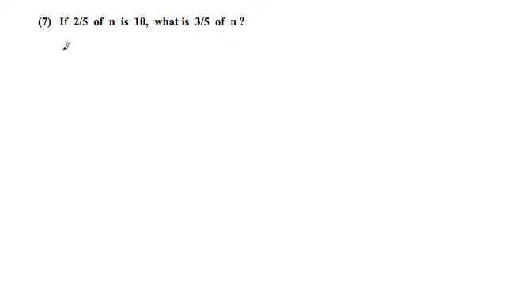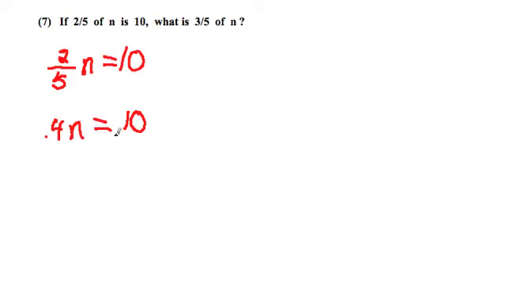If 2/5 of n is 10, what is 3/5 of n? Well, you could do it algebraically. 2/5 of n is equal to 10. So if you want to do this as decimals, that will give you 0.4n is equal to 10. Divide both sides by 0.4, and n would be 25.